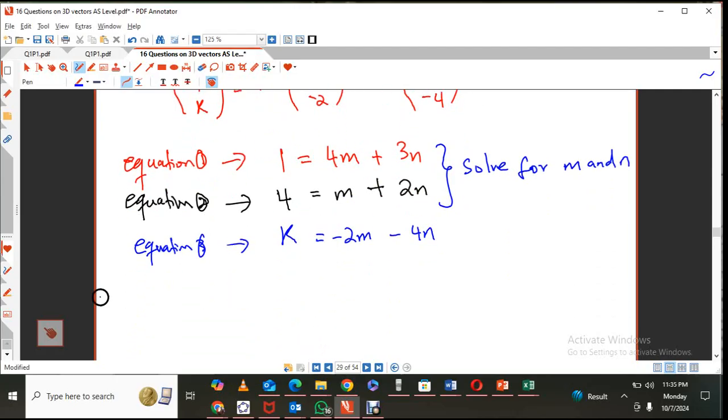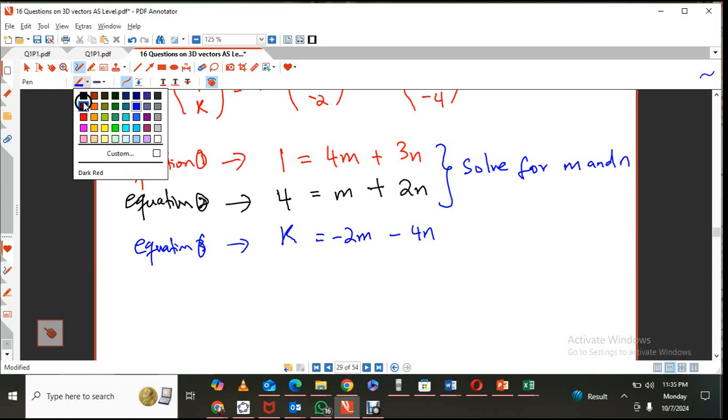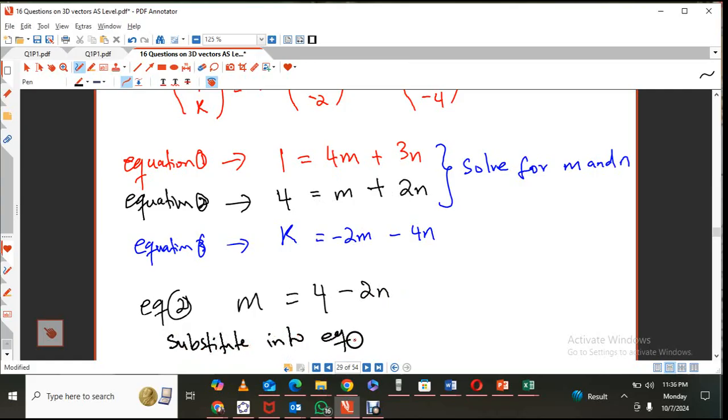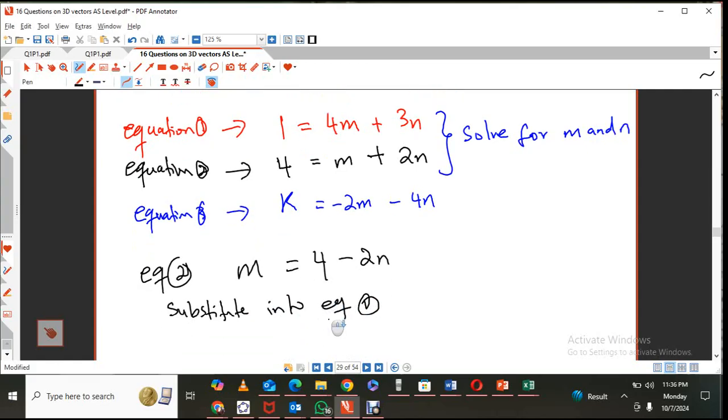Right. Looking at equation 2, I'm going to rewrite and make m the subject of the formula, which means 4 minus 2n. So moving that. Then I'm going to substitute into equation 1 everywhere we have an m.